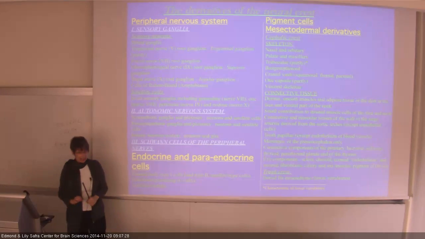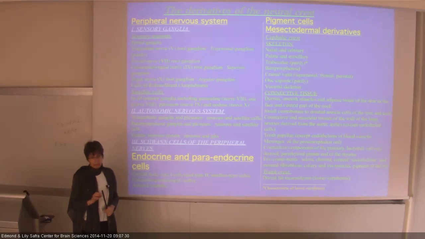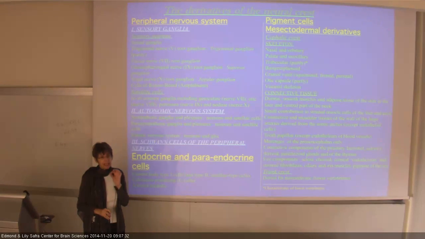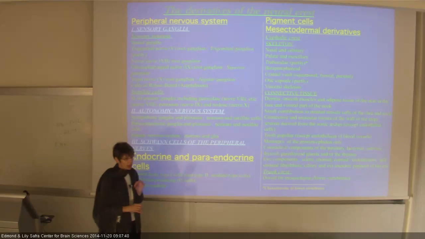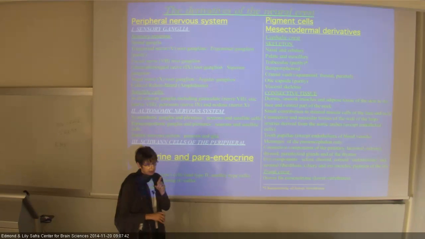So these cells are very particular, and they begin as a very small and discrete population in the dorsal neural tube. However, they diversify into a huge variety of derivatives.